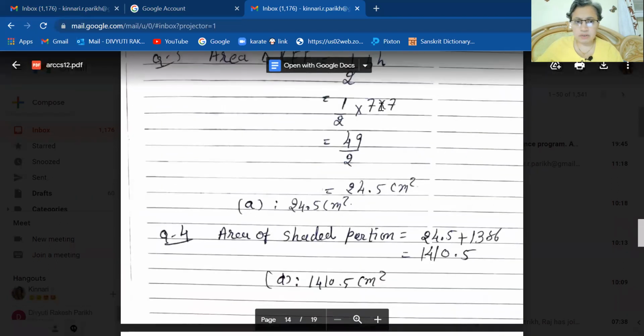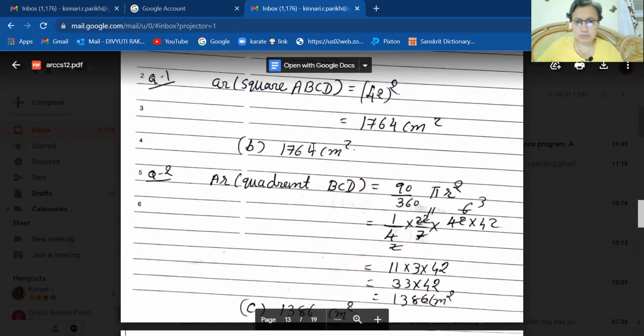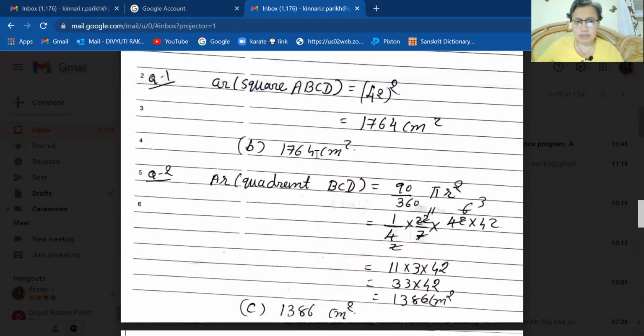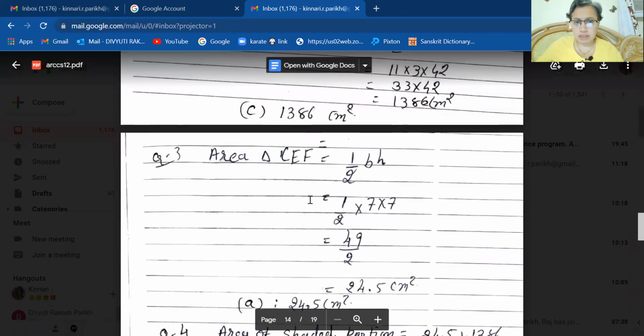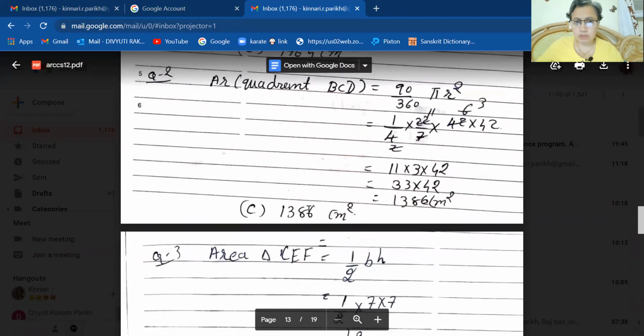We have the area of the square, 1764, and the area of the quadrant, 1386.